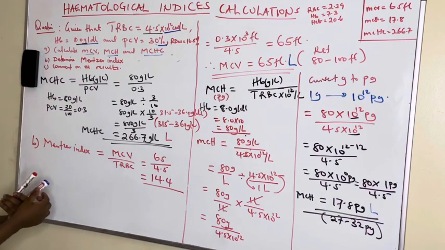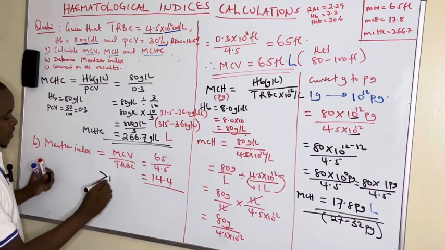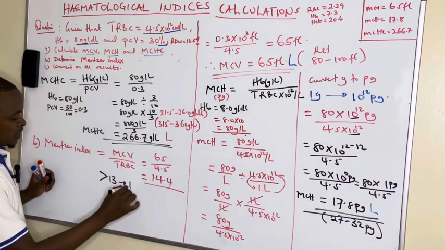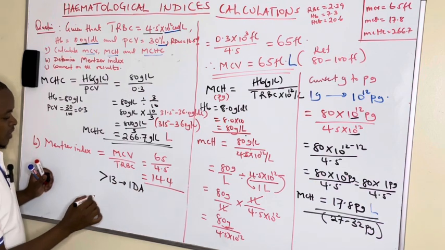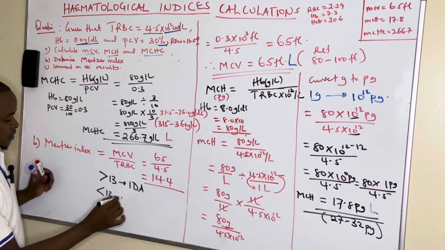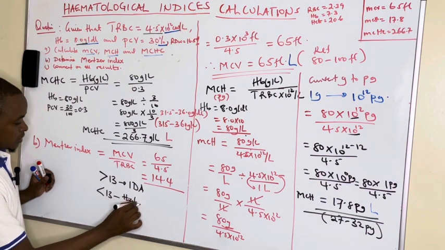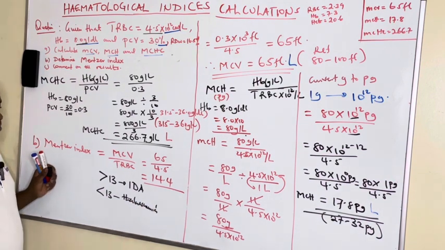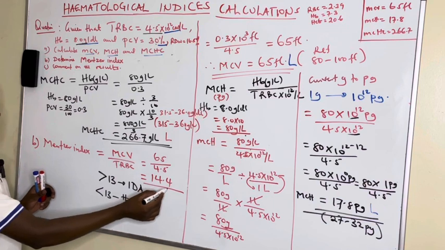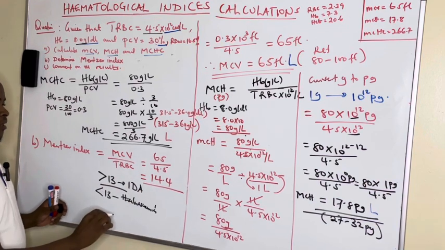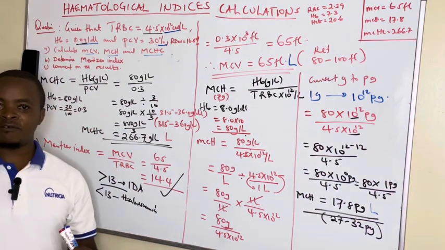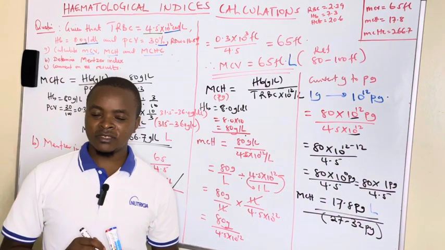And whenever this Mentzer index, in the previous video we saw, if it is greater than 13, it confirms iron deficiency anemia. And if it is less than 13, it confirms thalassemias, which is a type of microcytic hypochromic type of anemia. So because we are seeing our Mentzer index is above 13, this gives assurance that this patient of ours might be suffering from iron deficiency anemia.